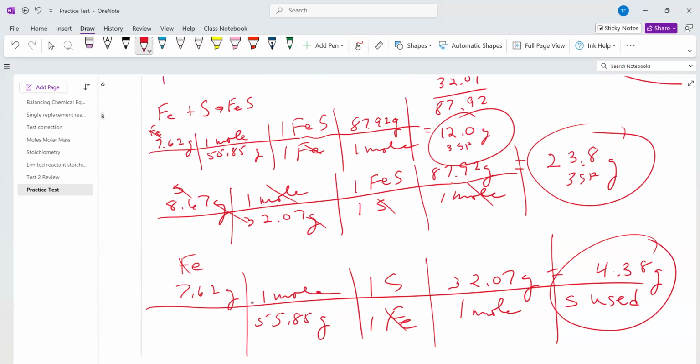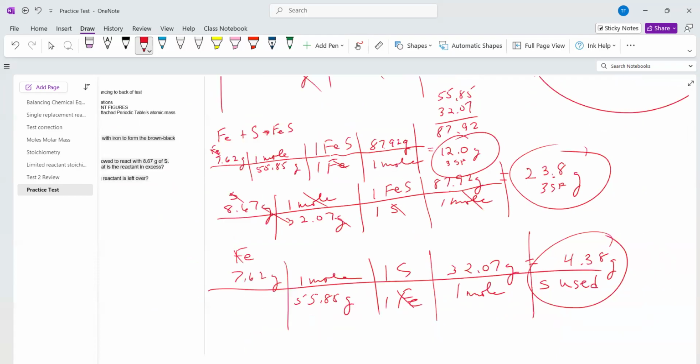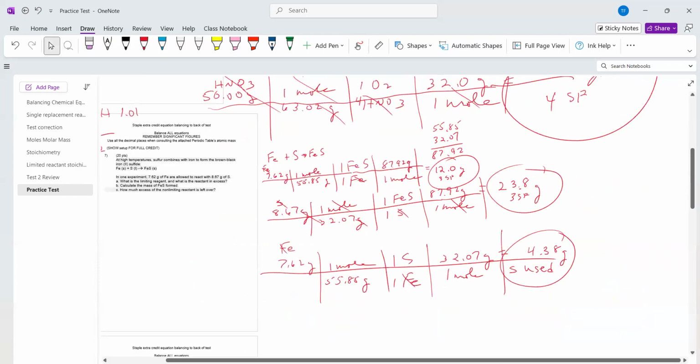So to calculate how much is left over, we used 438 of it, and we started with 867. So you have to subtract now.